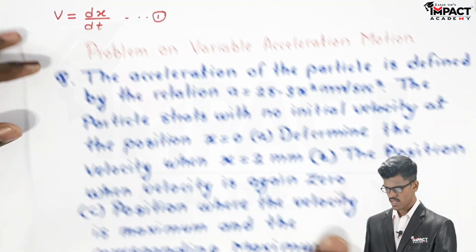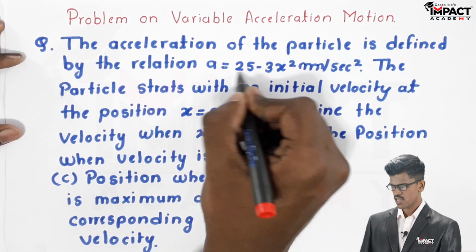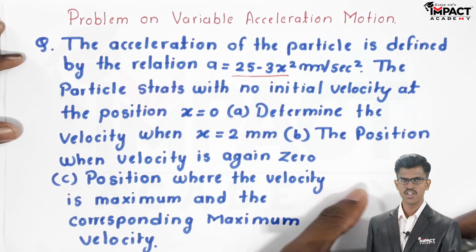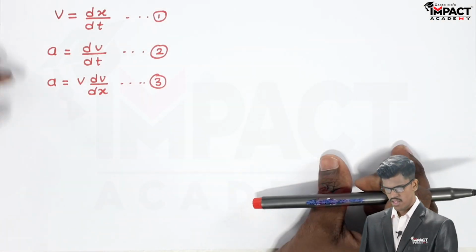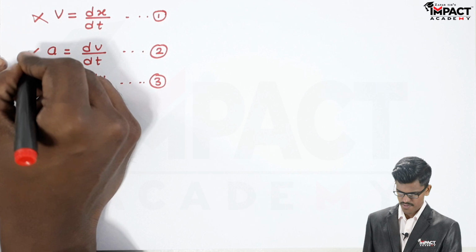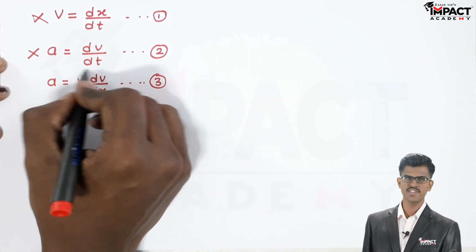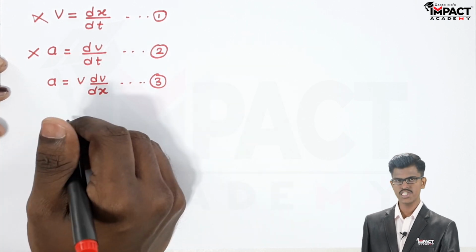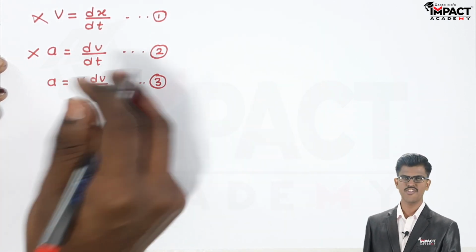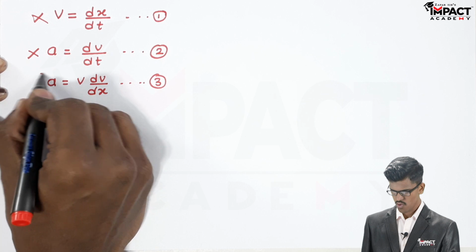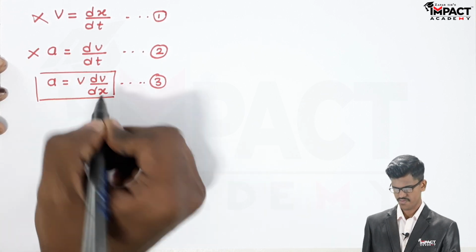Here the acceleration is a function of x, not a function of t. The first two equations are differentiated with respect to t, and in the question they give acceleration as a function of x. So we use the third equation.